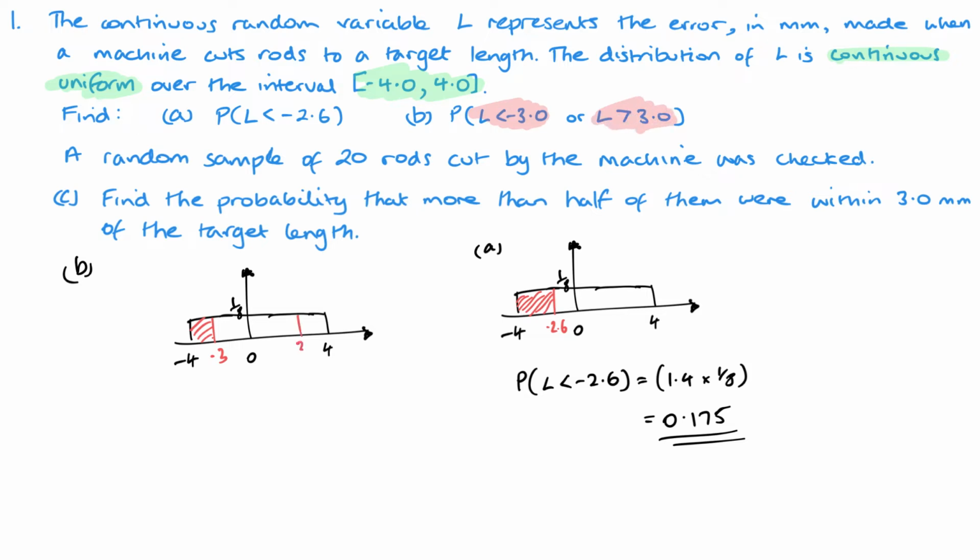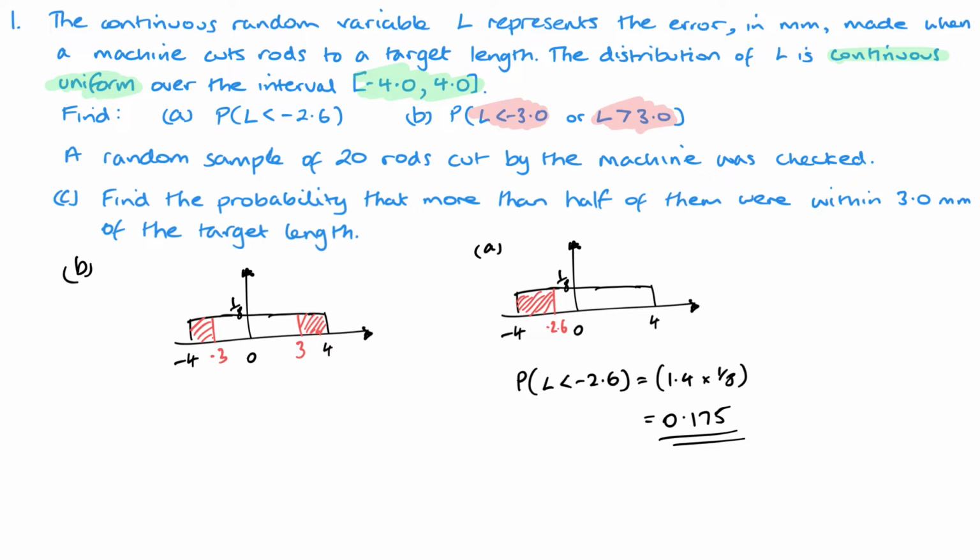So again, looking at +3 and greater than. We've got these two areas. Now they're both the same size, so I can find one and double it, or I can find them both separately and add them together. Choice is up to you. But the same as before, it's a rectangle, so we've got 1 times 1/8.